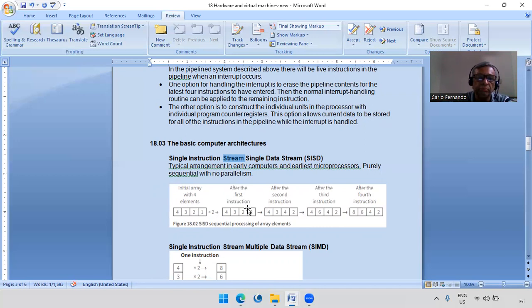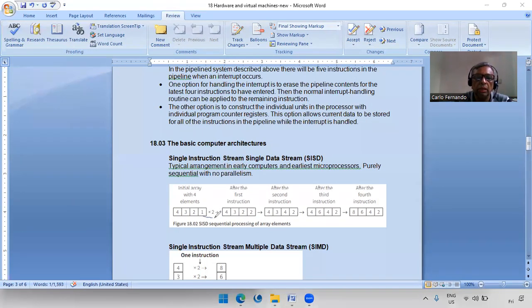After the first instruction, this is the initial array with 4 elements. After the first instruction, that is multiplied by 2, this 1 multiplied by 2 becomes 2. That's all. 4, 3, 2, the others remain the same.